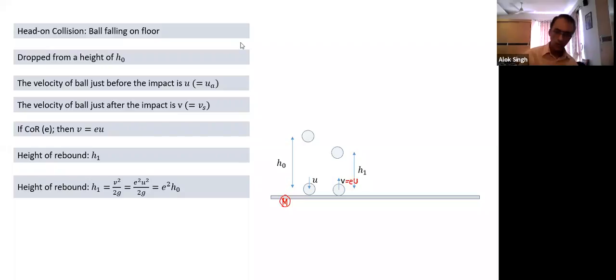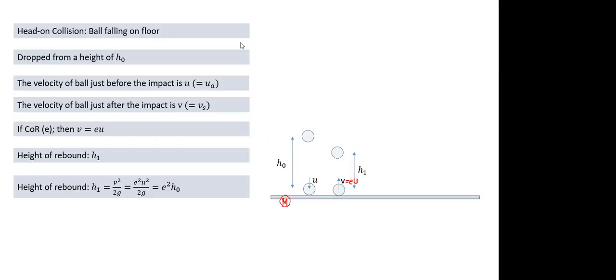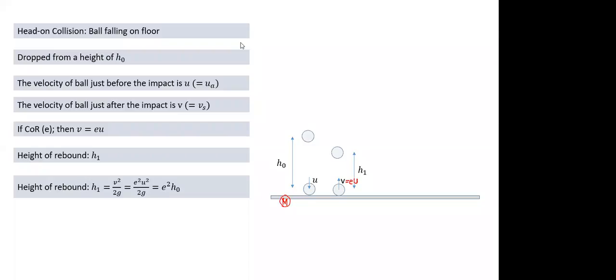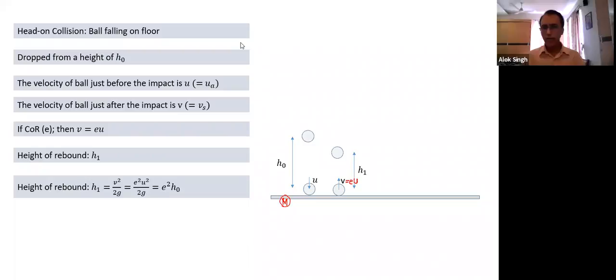If the coefficient of restitution is 0.5, what will be the height of rebound after one collision, Kevin? 0.25. It will jump up to 0.25. What will be the height after the second rebound? Again e squared times the first one. Yes, sir. It will be e squared of h1. So the first time it has become h0 by 4, which is 0.25, then 0.25 by 4, and so on. So this is e squared times h0.